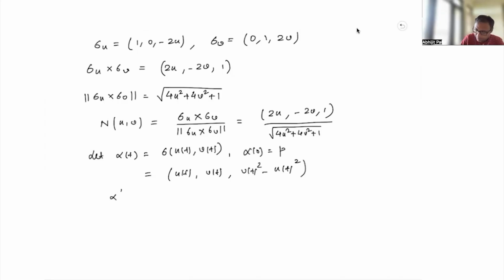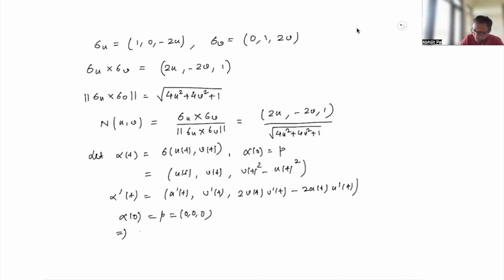Now, let us compute this alpha prime t. So this is (u prime t, v prime t, twice v(t) v prime t minus twice u(t) u prime t). And alpha prime 0 will be equal to what? First note that alpha(0) is equal to P, which is (0, 0, 0).